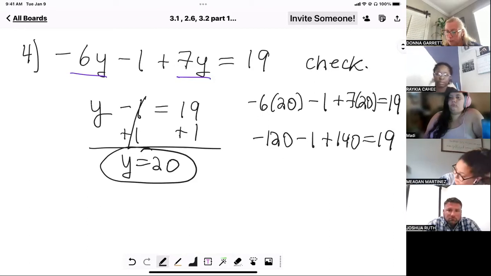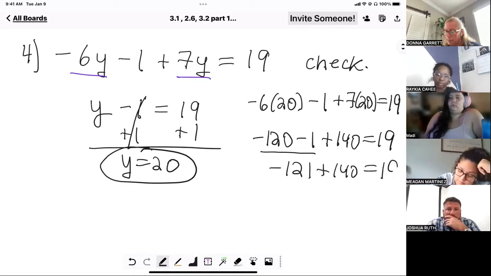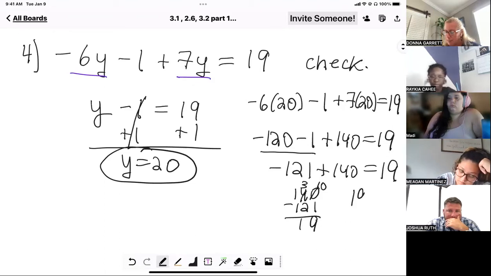Let's see what we got. Negative 120 minus 1 is negative 121 plus 140 equals 19. And 140 minus 121, I'm going to do it real quick. I'm pretty sure we're right. 19 is equal to 19. So I know I got it right.